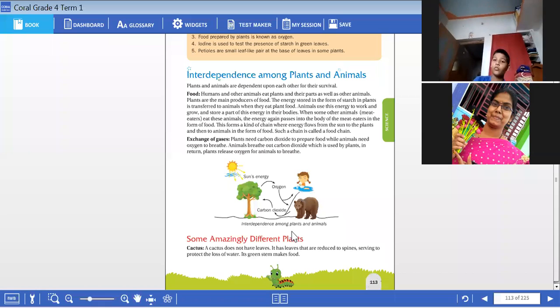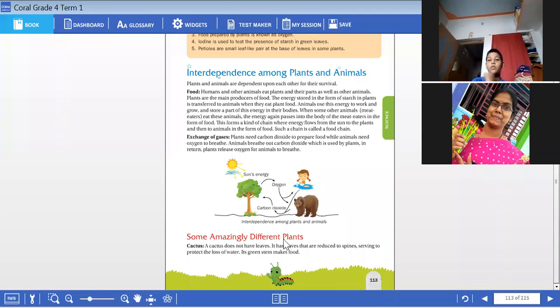This is up to the topic of how the plants and animals are interdependent with each other, children, in the aspects of food, and in the aspects of gases also, they are interdependent.